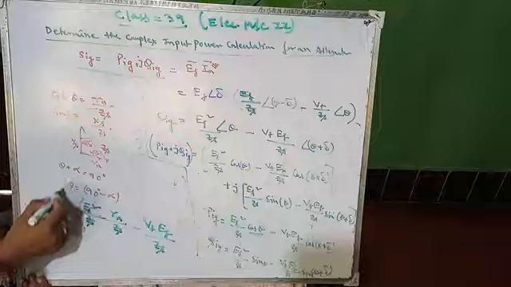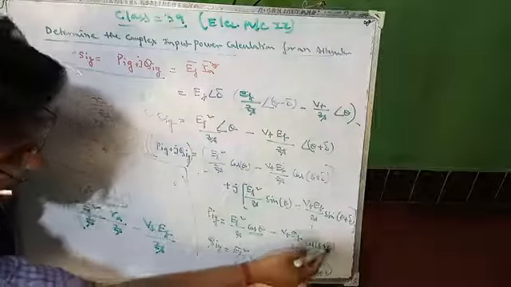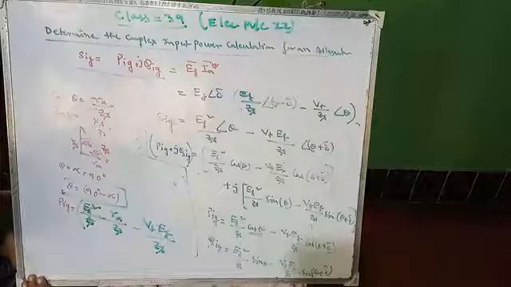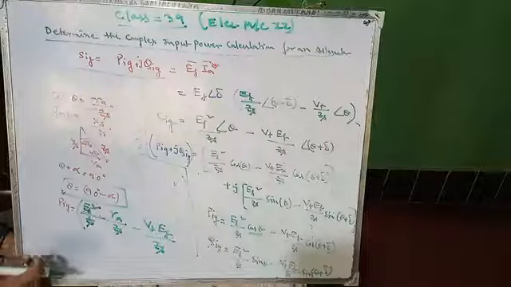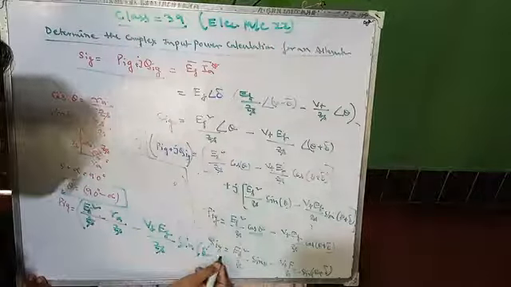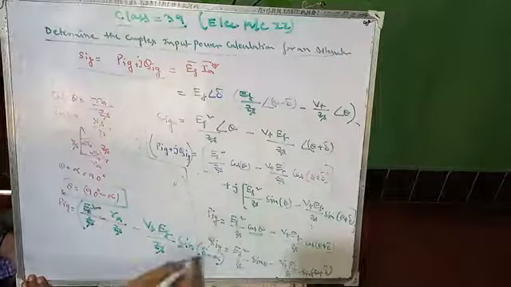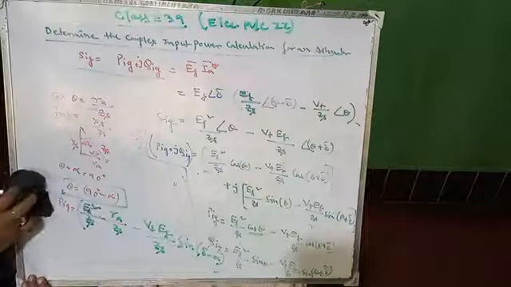Now if we put theta equals 90 degree minus alpha, then 90 degree minus alpha plus del will be 90 degree plus del minus alpha. So del minus alpha will be sine, so that will be sine of del minus alpha. This is all about your PIG, the active part of the input power.